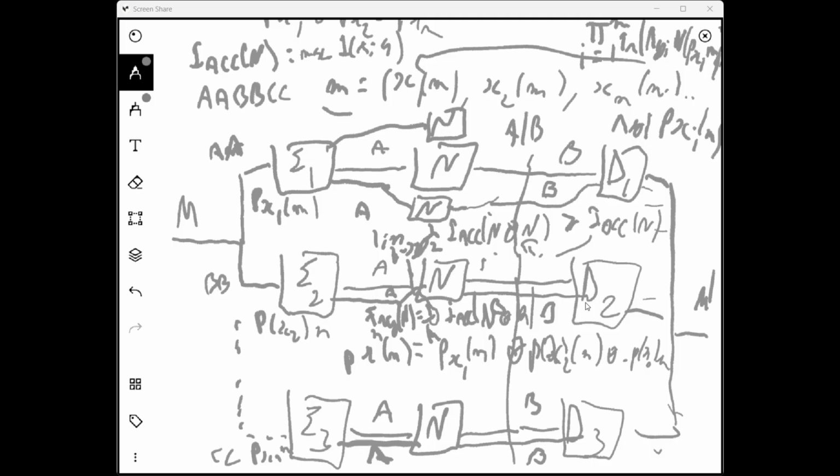It's intractable in general because the accessible information is not additive in general. So what we want to know is how we can bound this regularization, the limit of k going to infinity of 1 over k of the accessible information of N tensor k. And the answer is that we need the Holevo bound, which we will see in the next video.